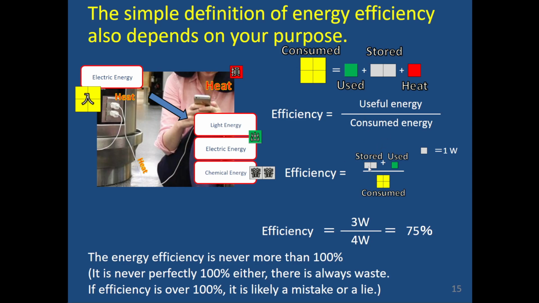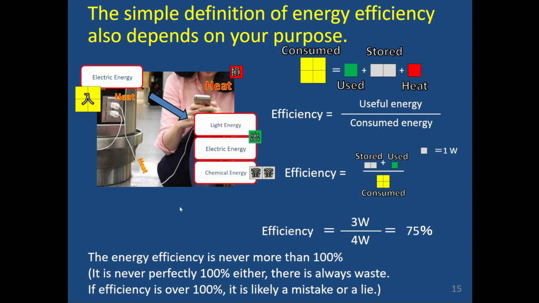The useful energy is the 2 stored in the battery and the 1 used to make the screen and the chips go. Not the heat. That's not useful. So we have 1, 2, 3 useful out of 4. So the efficiency is 3 over 4, or 3 divided by 4, 75% for this case.